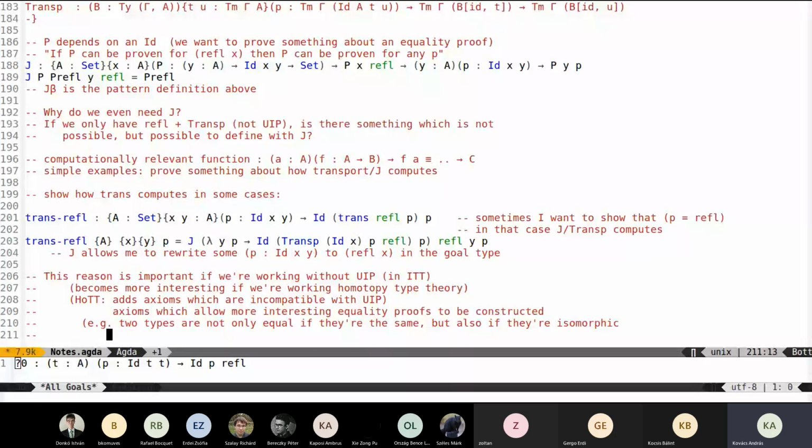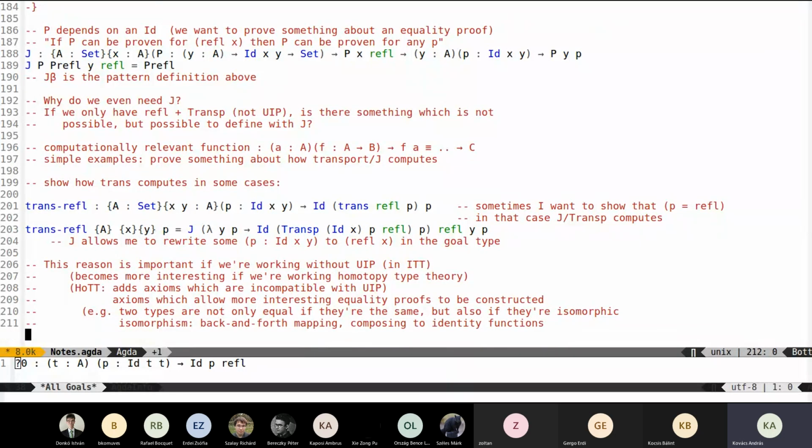And an isomorphism is a kind of back and forth mapping. And this is a pretty big topic.